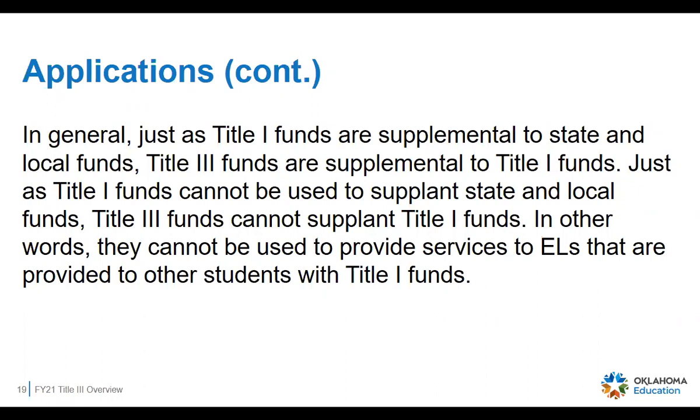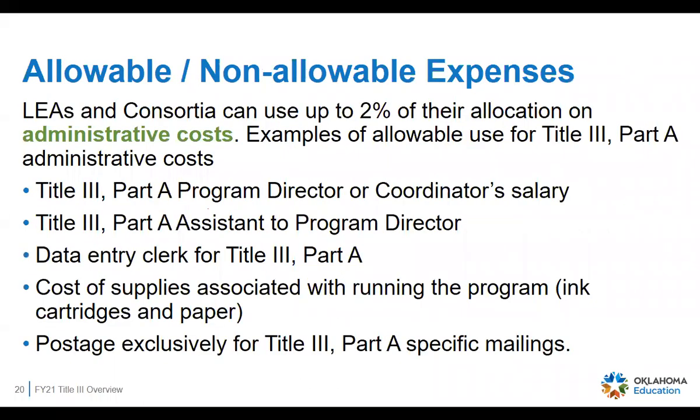And then after you've done that, you can provide services with Title III funds. So that's the thinking behind some of the allowable or non-allowable expenses, which we're going to look at in a minute, some of which are not immediately obvious, but we'll get into why there are some of the restrictions in place that there are.